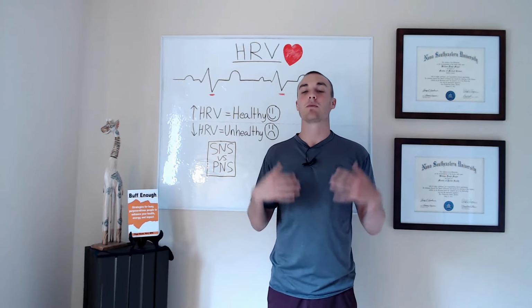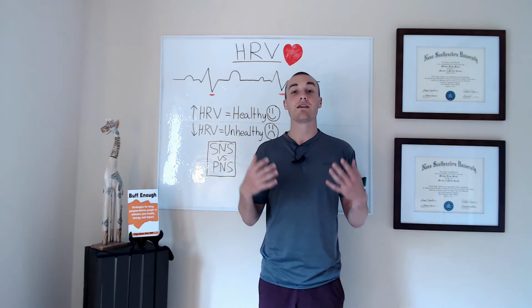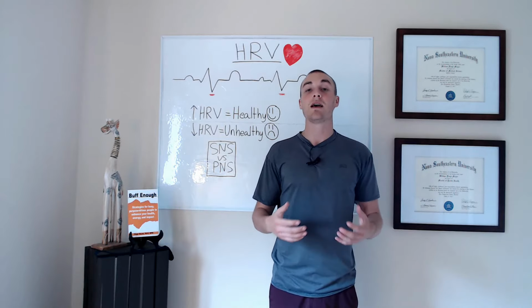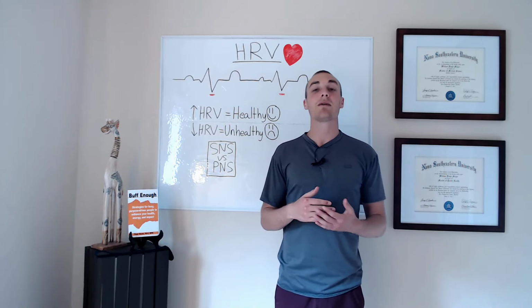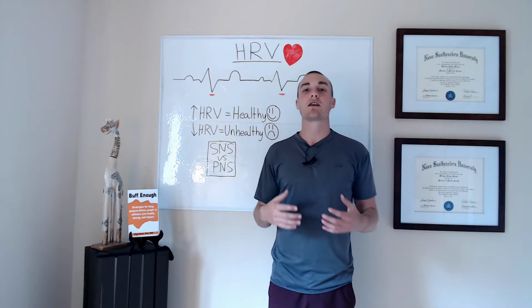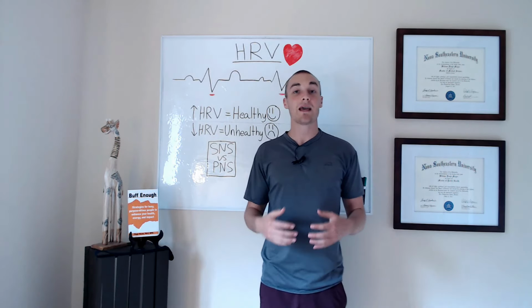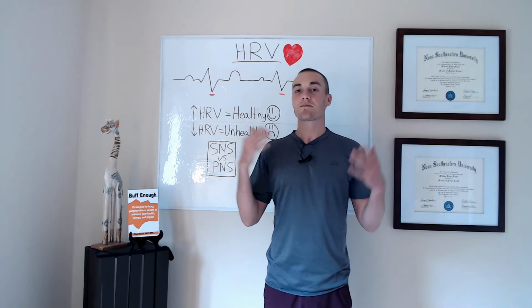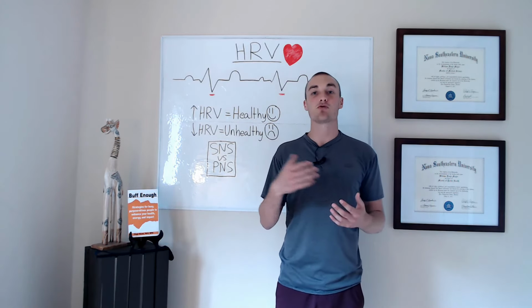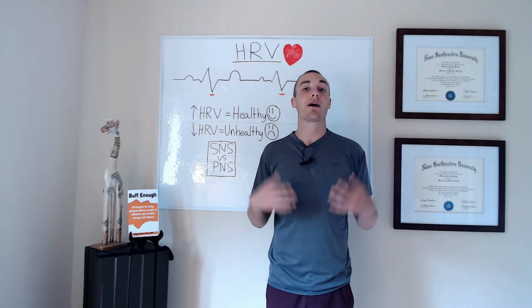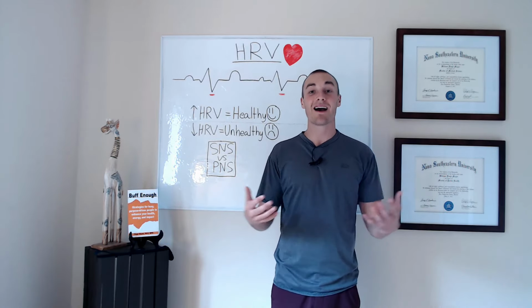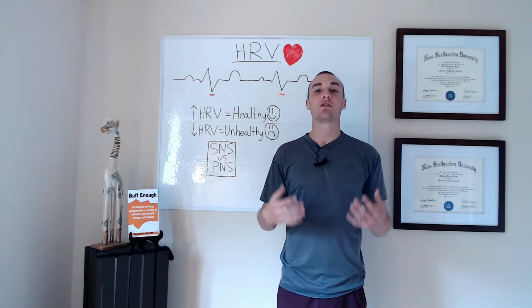If you took this person's HRV score, it would be very high because their nervous system is going to be very robust. They're going to be very able to deal with any type of different stressors, and their overall health status is going to be very, very high. So this person is going to have a very high HRV.